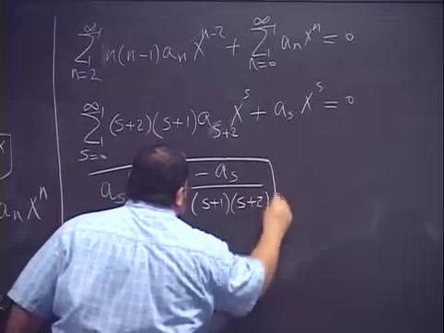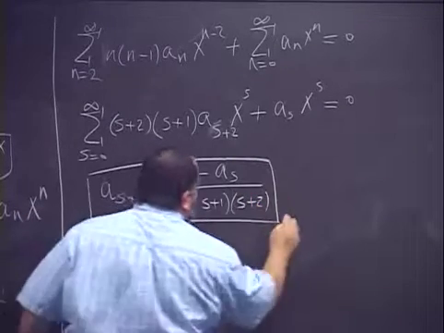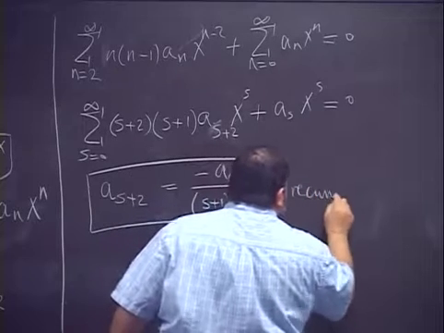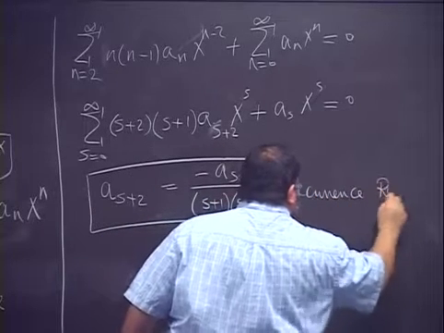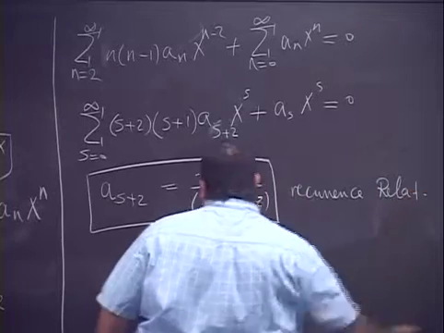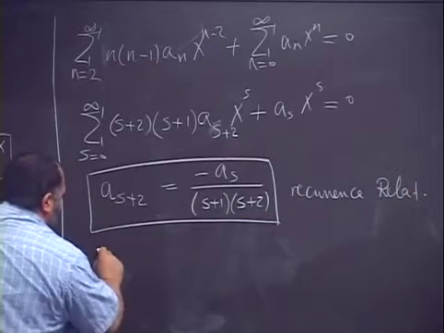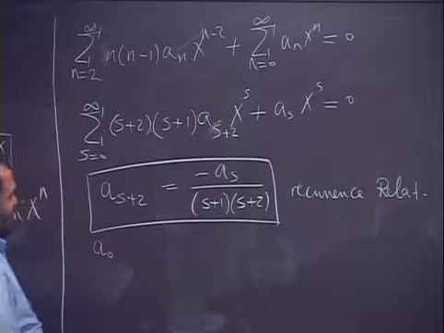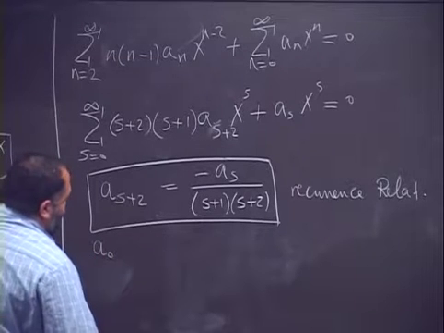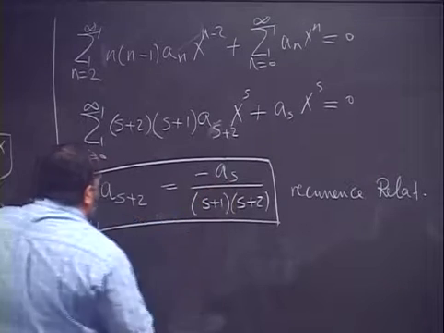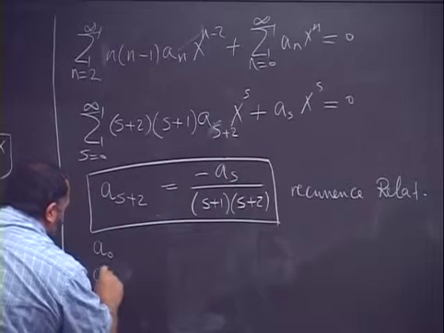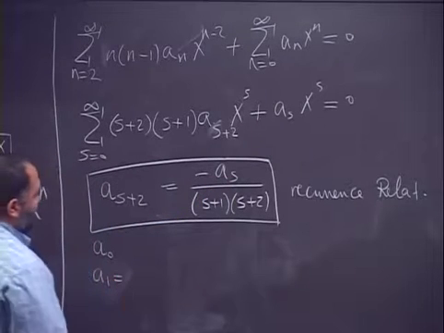and this is the recurrence relation that will give us the formula. So let's start. S equal to 0 gives a naught, and S equal to 1 gives a1.